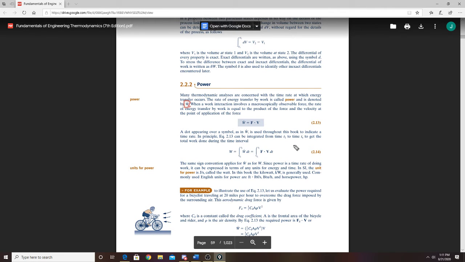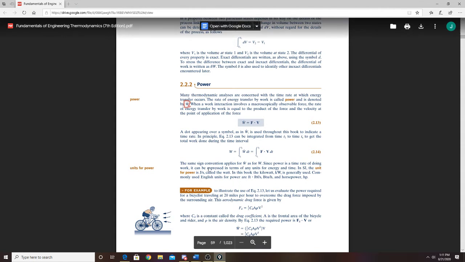Or you can integrate over 2 state points, and there is no W dot, because it's not time based, it is state based. It's from one process to the next. And that's what we'll be working with first. Time intervals will not be something we do first. It'll be the no-dot one, which is fine. If you mess that up at the beginning, it's not a big deal.